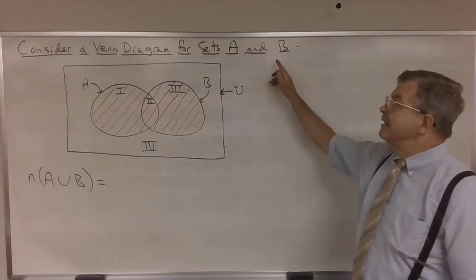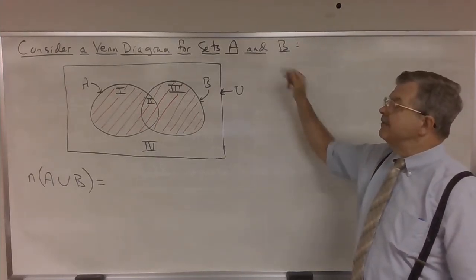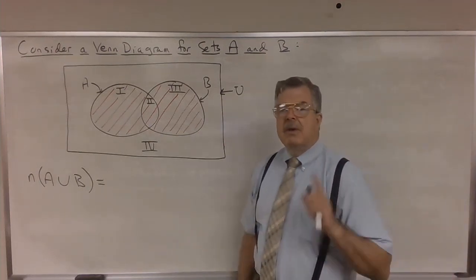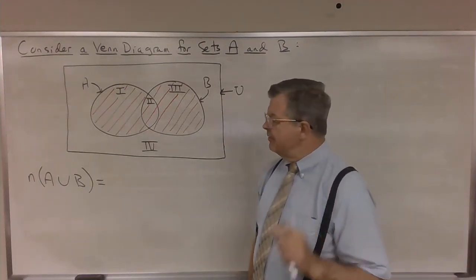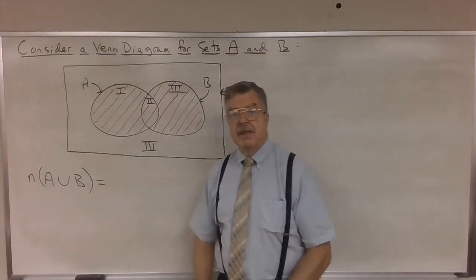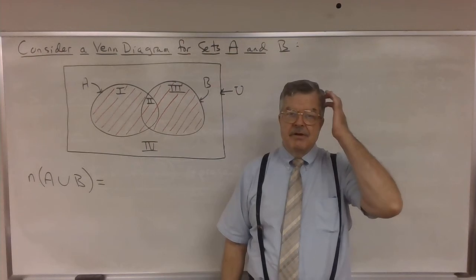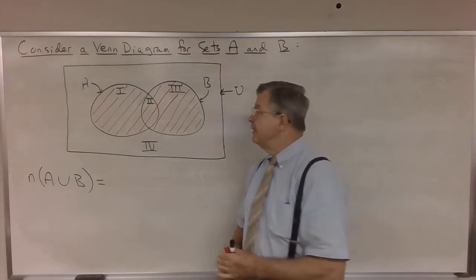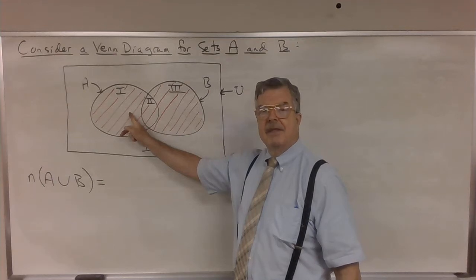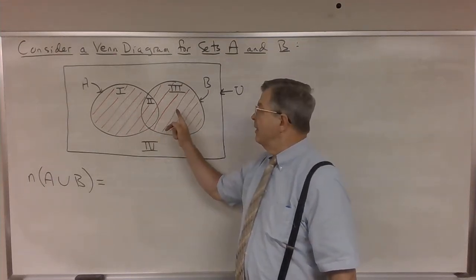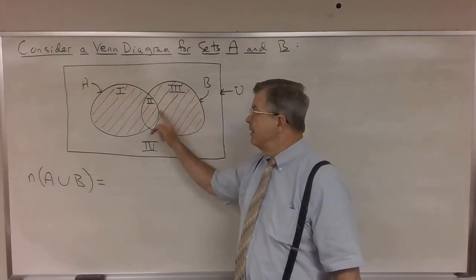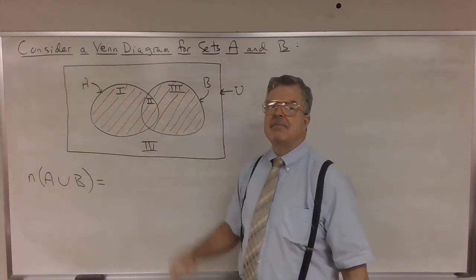Okay, here's our Venn diagram for sets A and B. And we want to count the number of elements that are in the union of A and B. And remember what the union of A and B is. The union is all of those elements that are in set A, or the elements that are in set B, plus the elements that are in both of them.